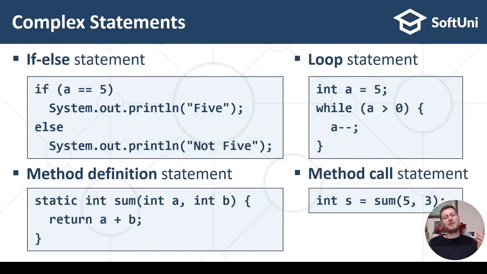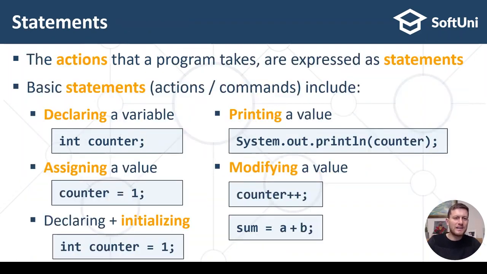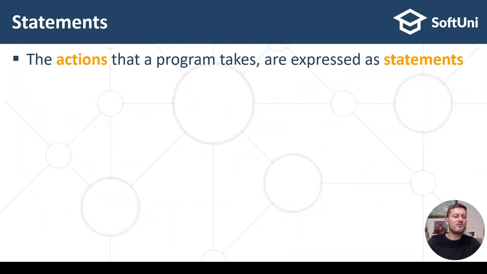This is how we use the method call statements, and there are many other statements like the switch case statement, like the other loop statements, or class declaration statements, or interface declaration statements, and many others. So statements are like sentences in the natural language.